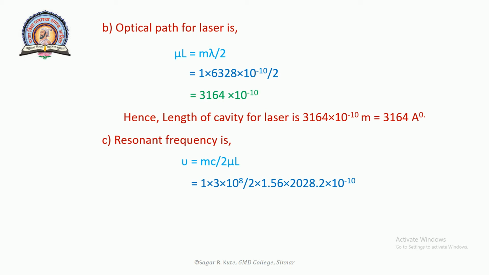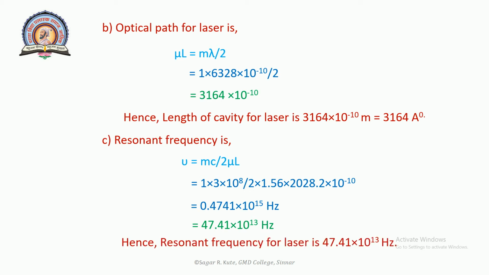Calculating this equation, we will get value nu, that is resonant frequency, 0.4741 into 10 raised to 15 hertz, that is 47.41 into 10 raised to 13 hertz. Hence, resonant frequency for laser is 47.41 into 10 raised to 13 hertz.